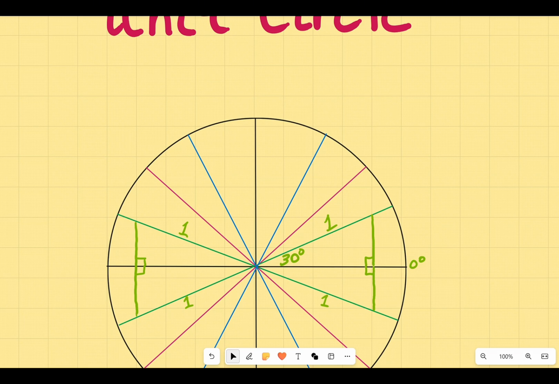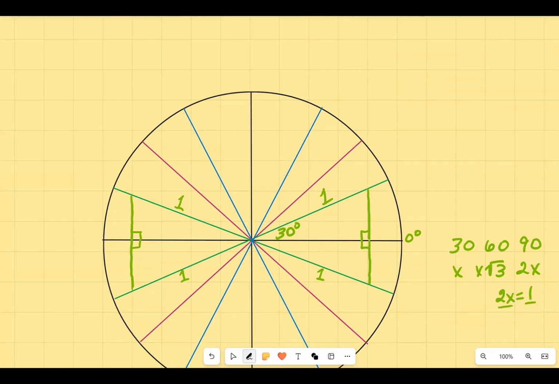Or if I recall my rules for 30, 60, 90, then I would know that I have x, and then I have x root 3, and then 2 times x. You can try to figure it out that way as well. If you did that, you would know that you already have your hypotenuse, so 2x is 1. And then to figure out what x is, I would have to divide both sides by 2.